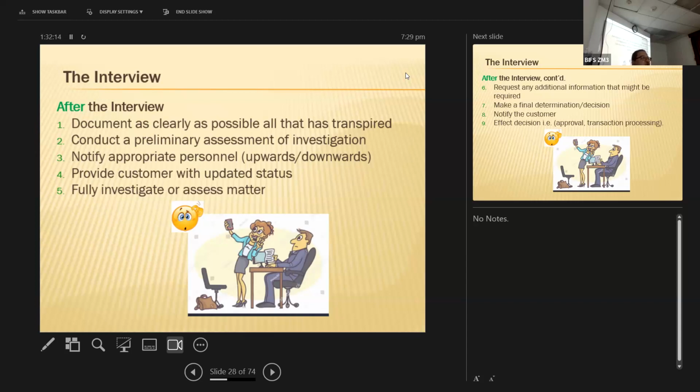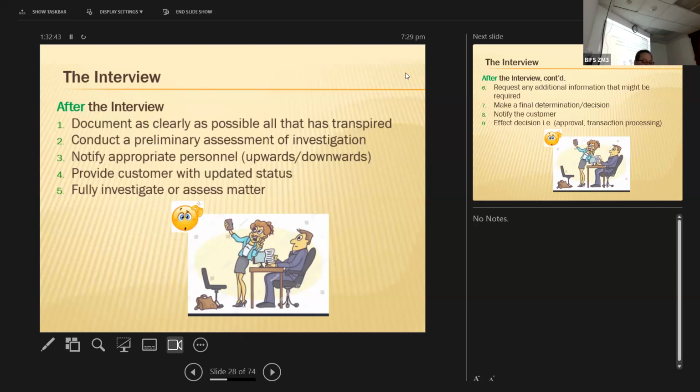And if you are not available for some reason, you're off sick, on vacation, out at a meeting or training seminar, someone else will be able to look at the file, particularly if the customer comes in or calls in subsequently, and they'll have information at their fingertips. They'll be able to satisfy any questions the customer may have.